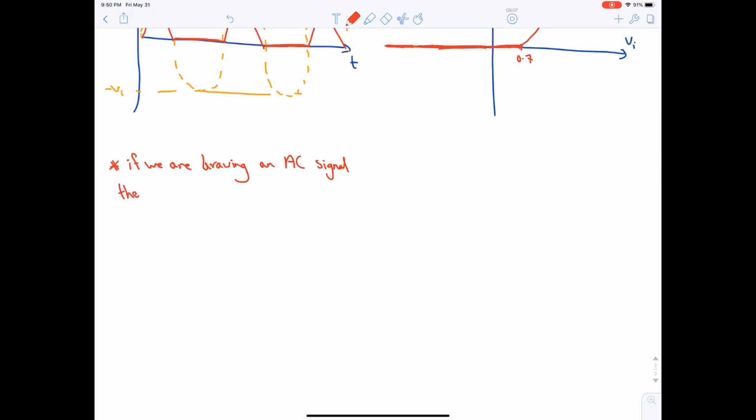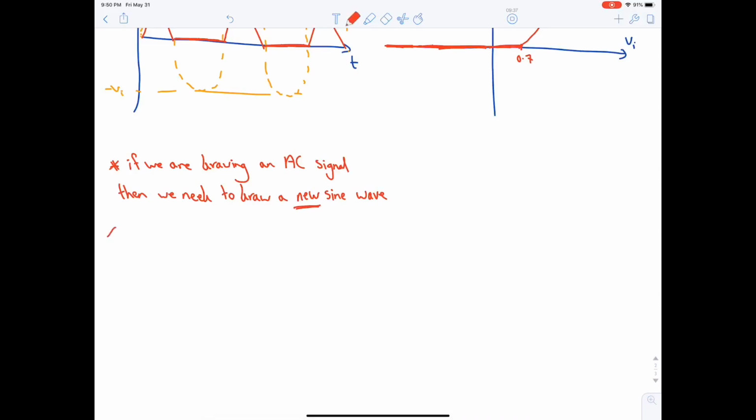Then we need to draw a new sine wave. It doesn't have to be a sine wave, it depends on the input. If the input is, for example, sinusoidal, then you have to draw a sinusoidal. If it was a square wave, then the output will be a square wave. Anyhow, the main idea is that it has to be new, okay?